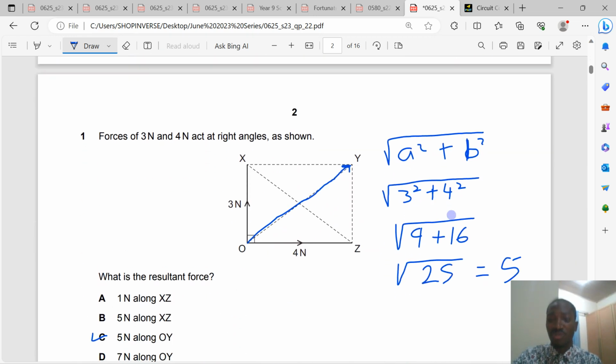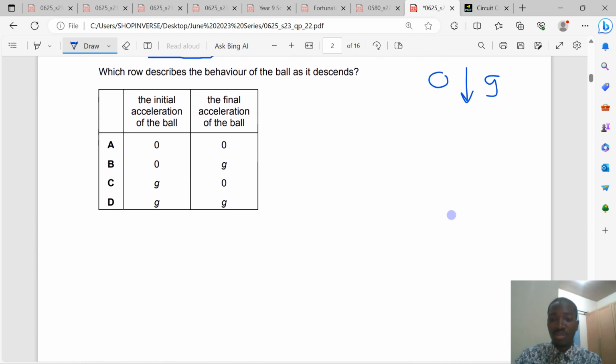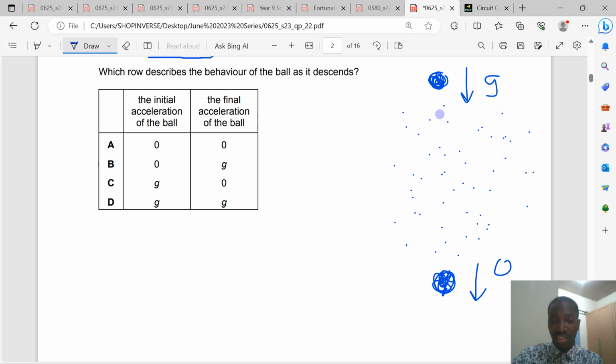But after the object falls for some time, it will have approached terminal velocity, so its acceleration will now be 0. It only travels downwards. This is the ball that's falling. Its initial acceleration was acceleration due to gravity, but after falling for some time, it comes in contact with air molecules, which introduce a force that acts in the opposite direction to the direction in which it falls.